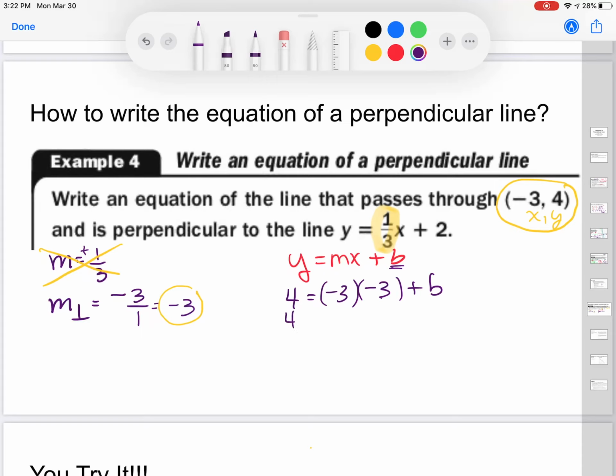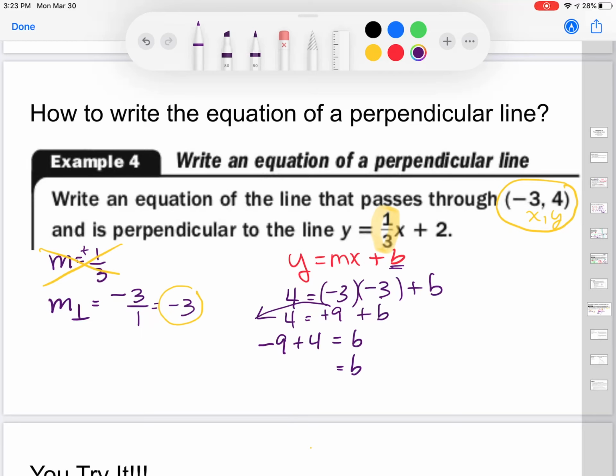So the 4 we're just copying down. We're going to multiply -3 times -3. A negative times a negative is a positive, and 3 times 3 is 9, plus b. Now I want to move the 9 to the other side, and that positive 9 becomes -9, plus 4 is equal to b.